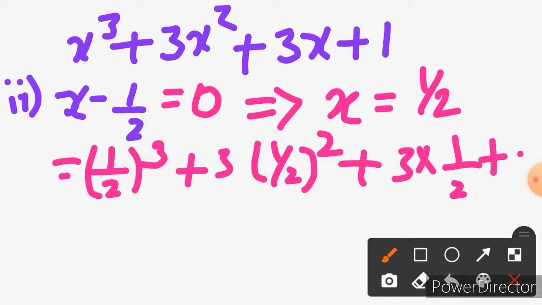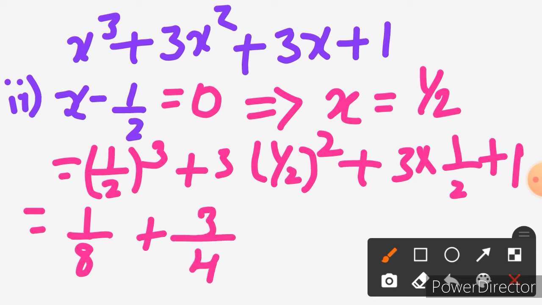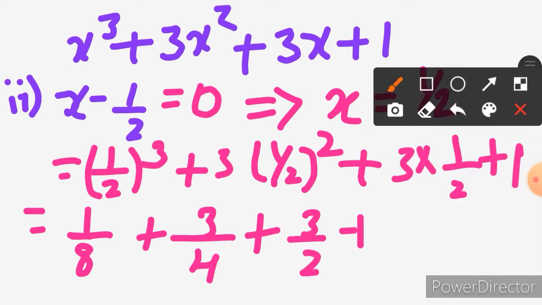Got it? 1 by 2 whole cube will be 1 cube is 1, 2 cube is 8, because 2 2s are 4, 4 2s are 8, plus 3 into 1 by 2 square, which is 1 by 4, so it will be 3 by 4, plus 3 into 1 by 2 is 3 by 2, then I have plus 1 here.